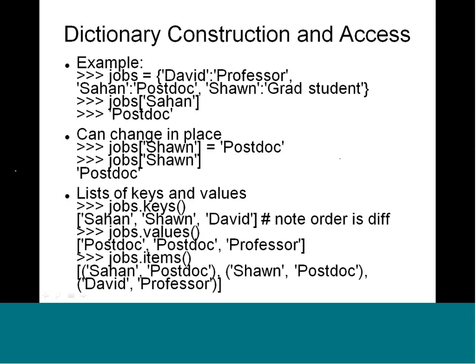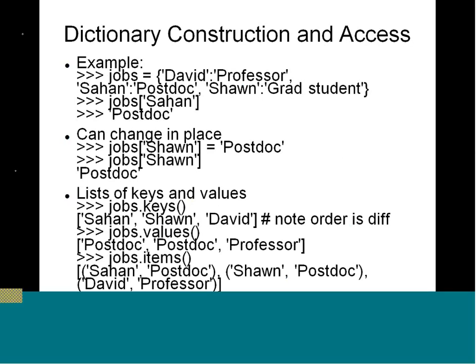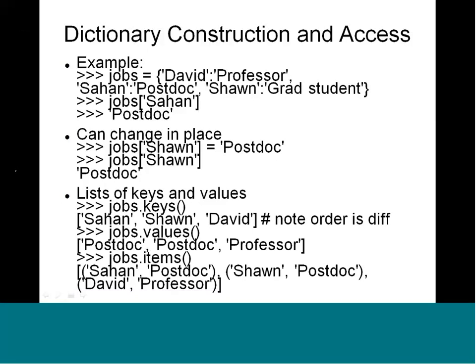So let's look at some examples of a dictionary. Here in this example, we create jobs: David, professor; Sahan, postdoc; Sean, grad student.